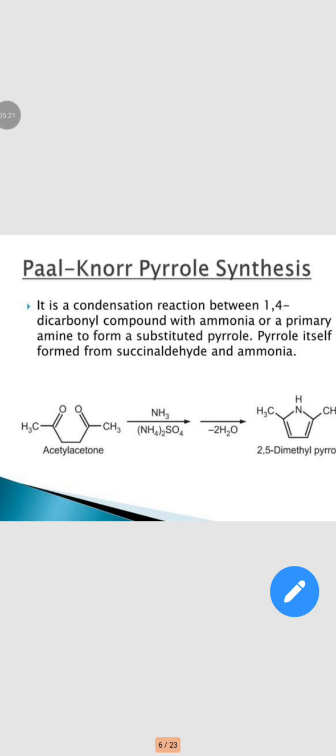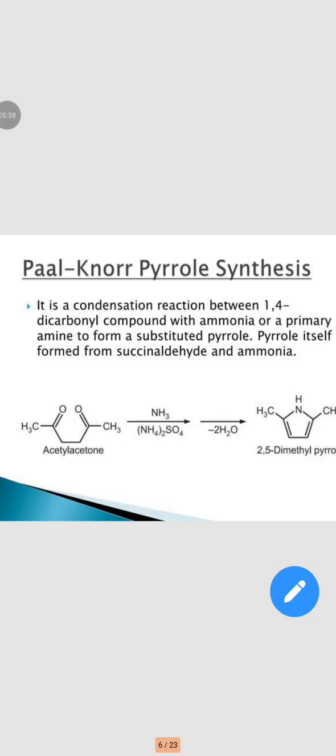Okay, Paal-Knorr synthesis, it is a condensation reaction of a 1,4-dicarbonyl compound, for example, acetyl acetone, with ammonia or a primary amine.